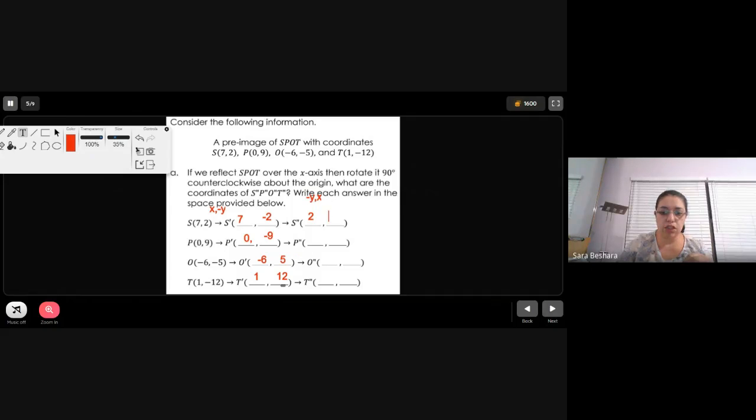We only change the sign of the y, which in this case is -2, -9, 5, and 12. So it would be 9 here and 0, no change in that. And then here will be -5 and -6, no change in the x. And this would be -12 and 1.